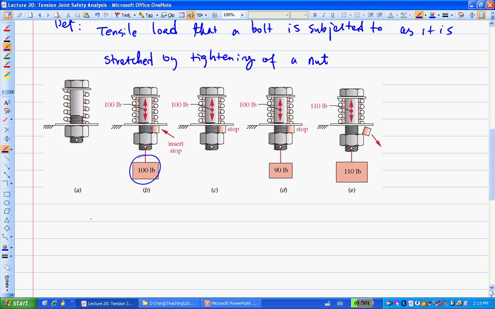There are general guidelines for the Fi value. It's 0.75 Fp if it is a non-permanent joint.